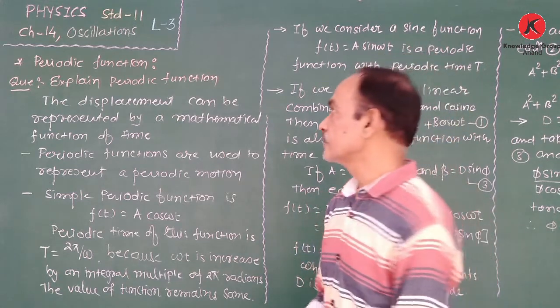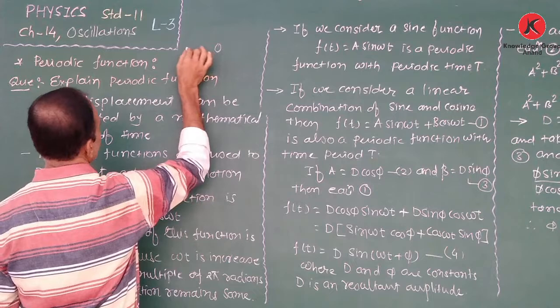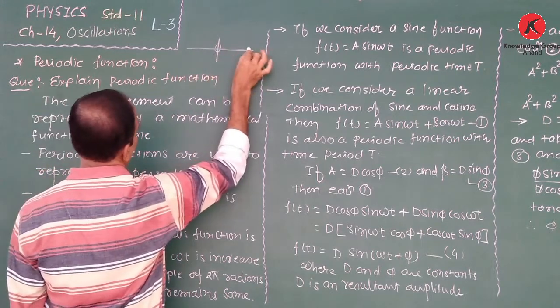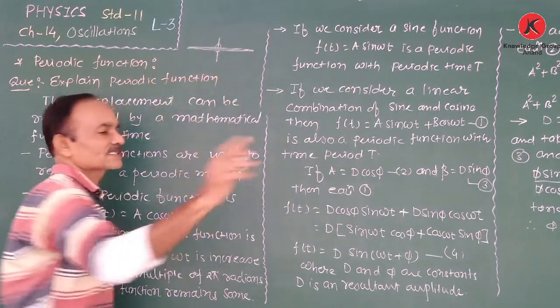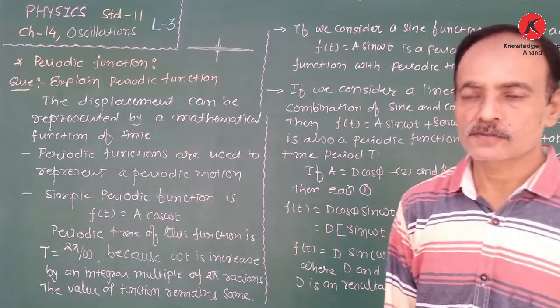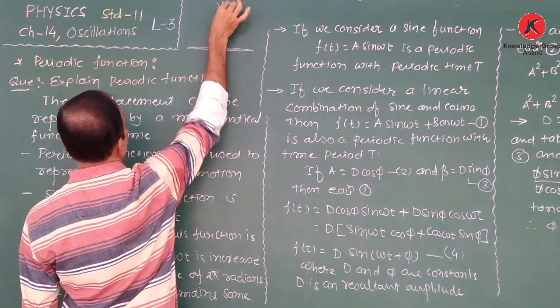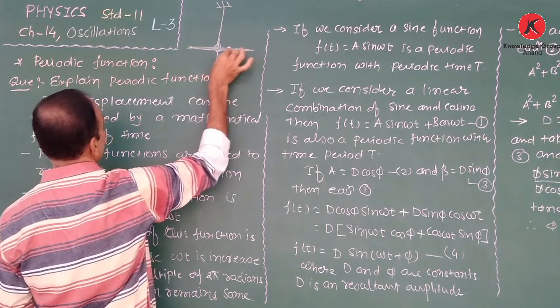So in short, the simple harmonic motion of a particle takes place about its mean position, like this. Already we discussed the motion of the pendulum of a wall clock. Consider a pendulum of a wall clock suspended by a rigid support; it oscillates like this.